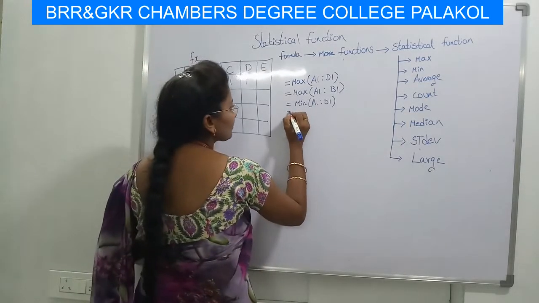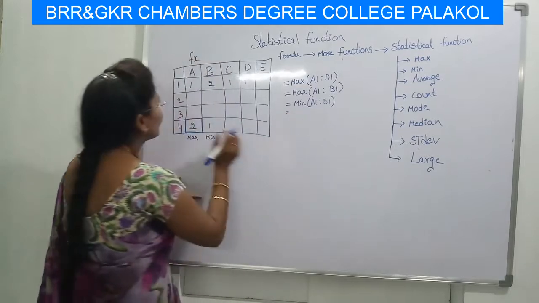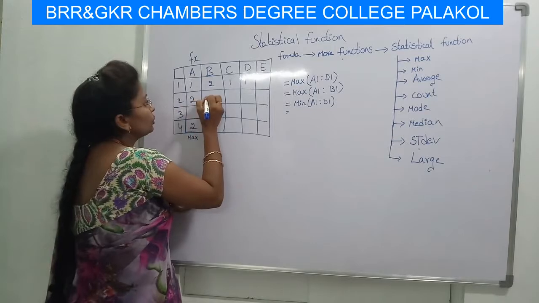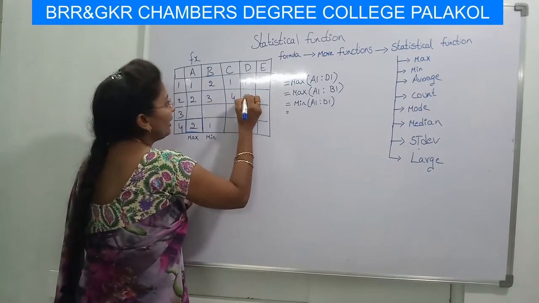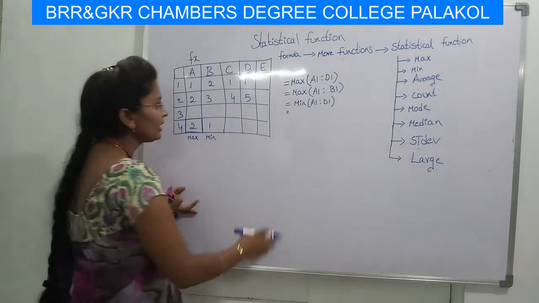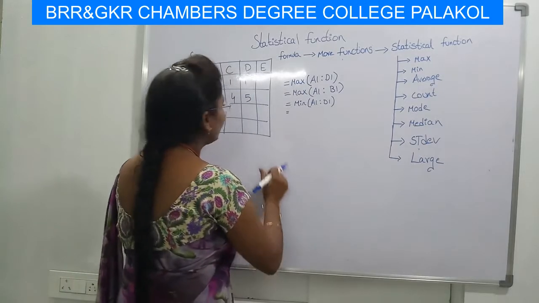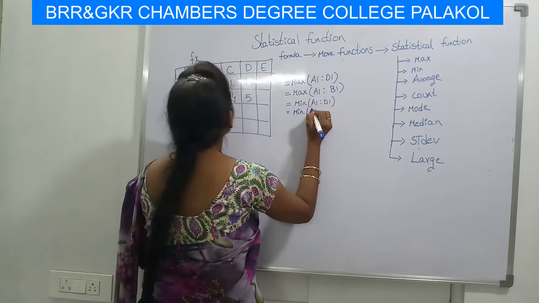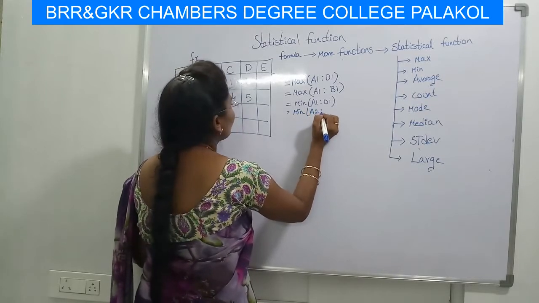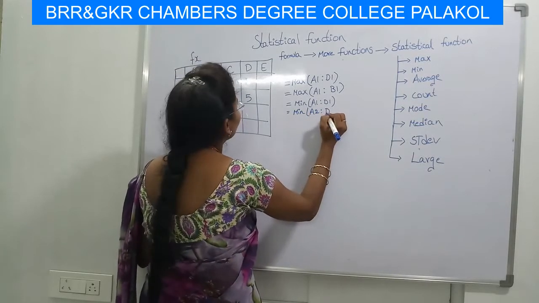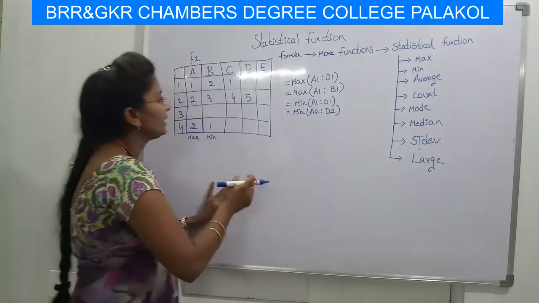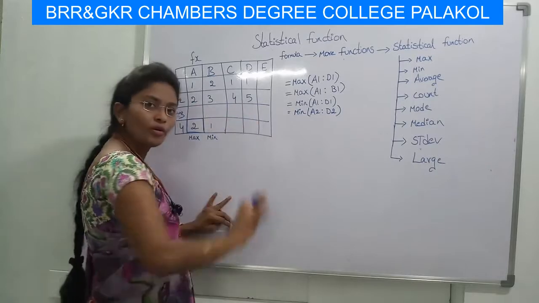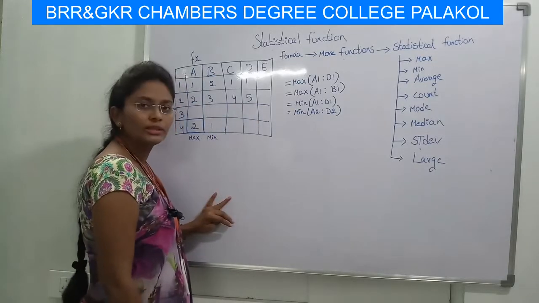And then here I am taking another type of data, that means 2, 3, 4 and 5. After typing the data in the Excel sheet, I am writing another example for minimum, that is A2 to D2, ranging from A2 to D2. 2, 3, 4, 5 are the numbers in the cell references.